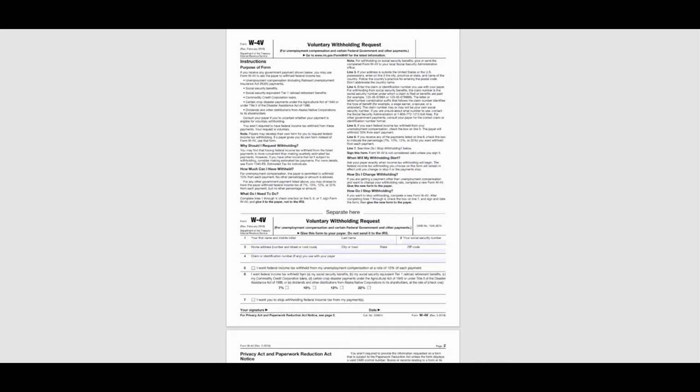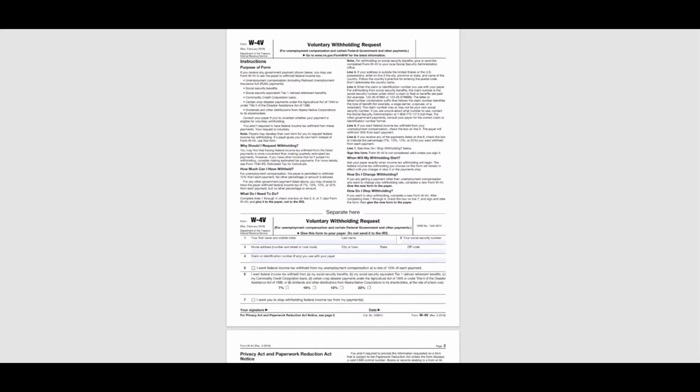Question 5, I want federal income tax withheld from my unemployment compensation at a rate of 10%. I guess there must be some sort of standard for this one. That wouldn't even really go to Social Security. This would go to unemployment, which is usually done by the state. So you wouldn't turn this into the Social Security office if you were dealing with unemployment.